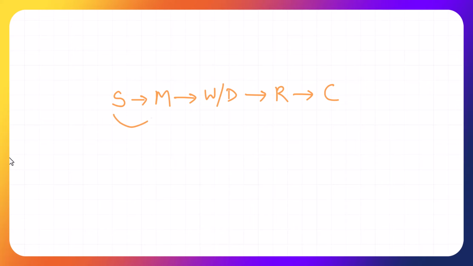The supplier sends raw material to the manufacturer. The manufacturer, in turn, sends the finished good or the final product to the wholesaler or the retailer.